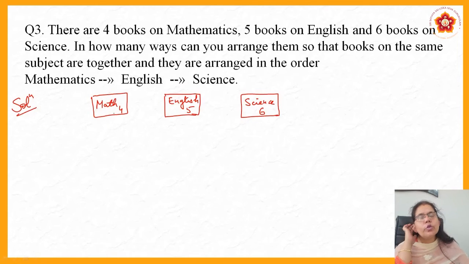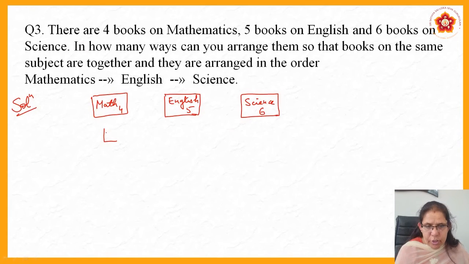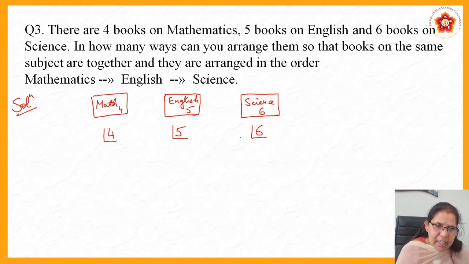So what we are going to do is just see in how many ways the 4 maths books can be arranged. This is quite simple. 4 maths books can be arranged in factorial 4 ways. 5 English books can be arranged in factorial 5 ways. And 6 science books can be arranged in factorial 6 ways.